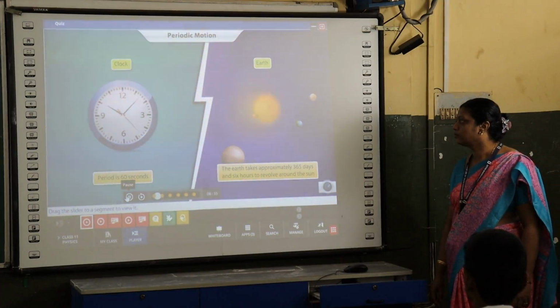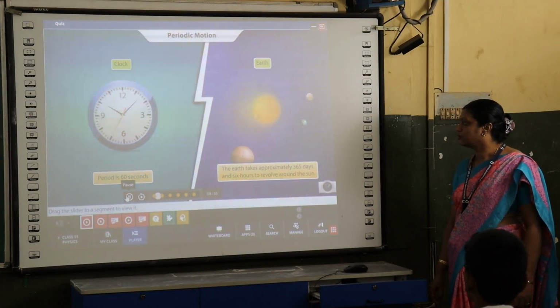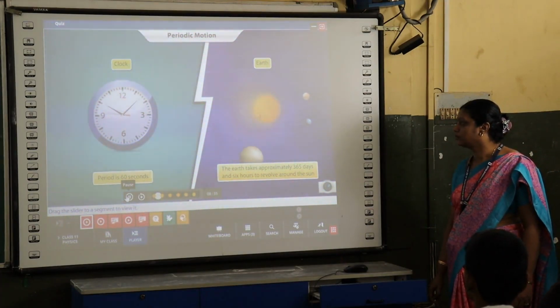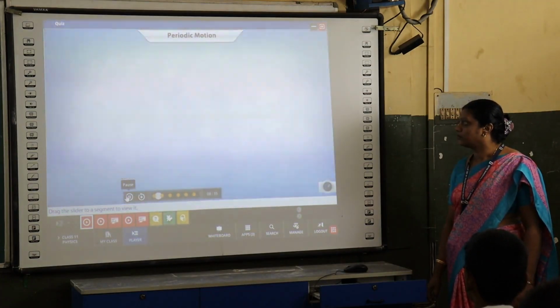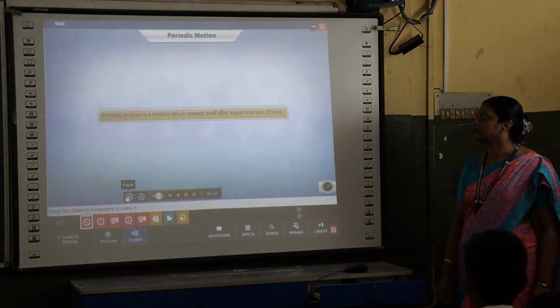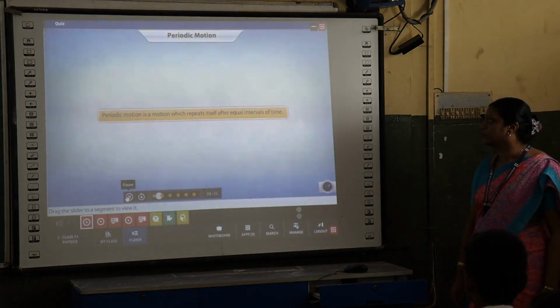The Earth takes approximately 365 days and 6 hours to revolve around the Sun. Thus, periodic motion is a motion which repeats itself after equal intervals of time.